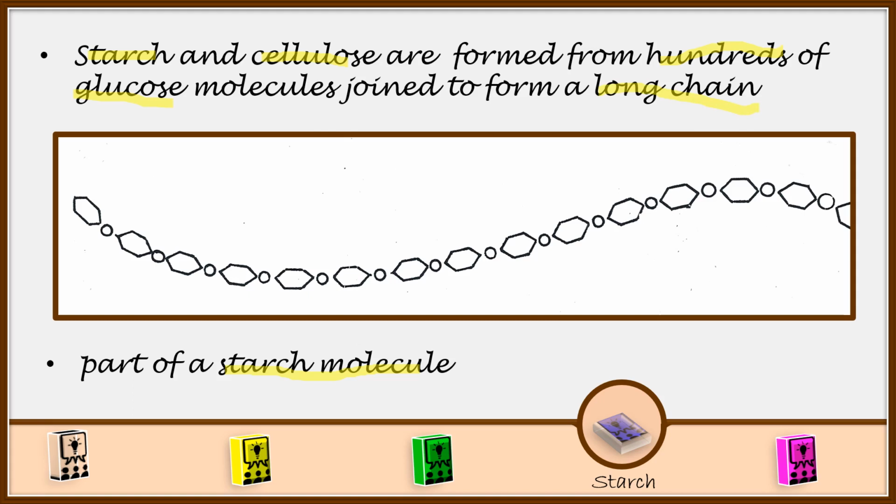So here we have our long chain of glucose molecules joined together by glycosidic bonds. You're seeing in the middle, that is a glycosidic bond, forming very many molecules of glucose joined together, and we form what we call a starch molecule.